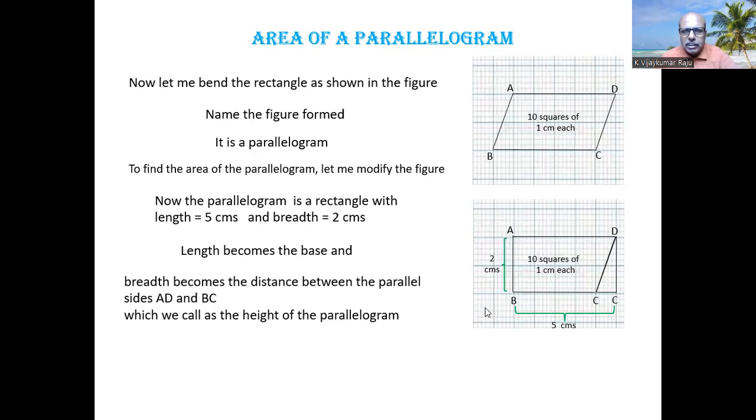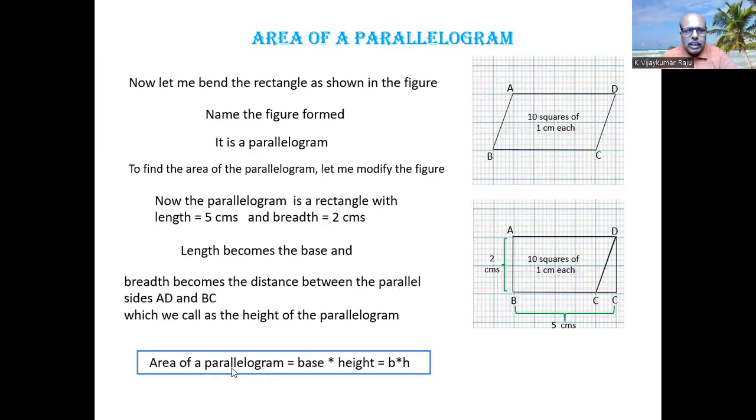This distance between them is the breadth of the rectangle, and in the case of a parallelogram, we call it the height of the parallelogram. So the area of the parallelogram is base into height. That's how you find the area of a parallelogram, by multiplying base and height.